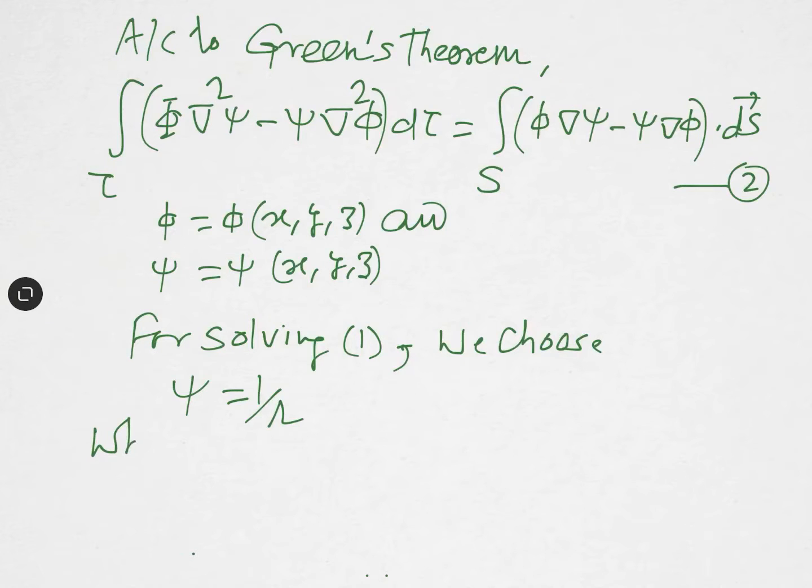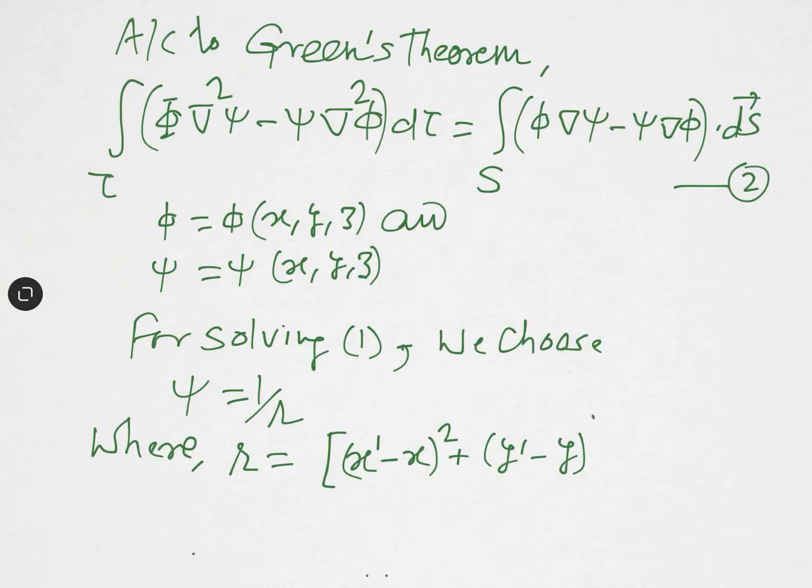You can write this r is equal to x prime minus x square plus y prime minus y square plus z prime minus z square, whole to the power half. It is evident from the figure.